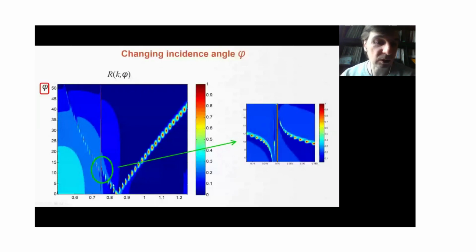So for lower frequencies, the growing angle of incidence pushes the resonance towards lower frequency, and after approximately 0.85, growing incidence angle now will push resonances towards higher frequencies. And the inset shows a picture where the graphene resonance meets the dielectric resonances.